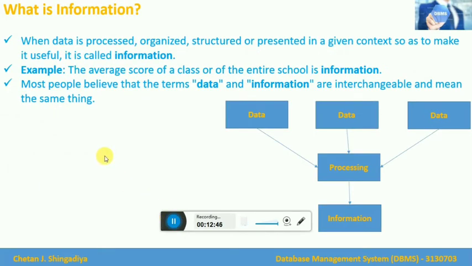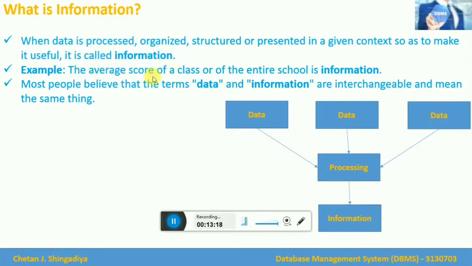Then let us understand what information is. When data is processed, organized, structured, or presented in a given context so as to make it useful, it is nothing but information. Or we can say when data is processed, we are going to use that particular information for a particular operation, so we can call it information.